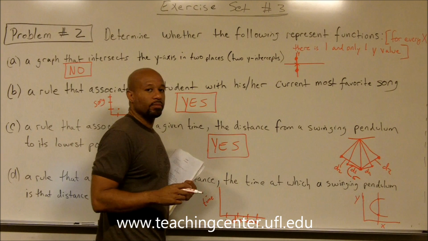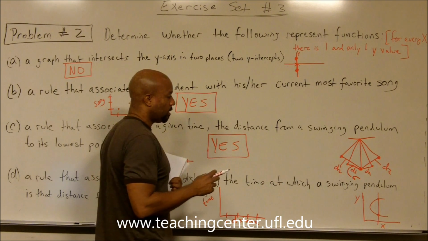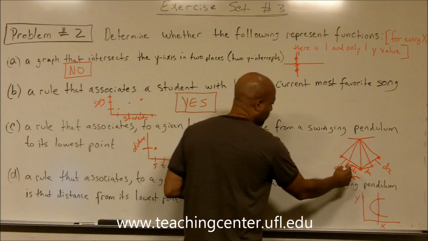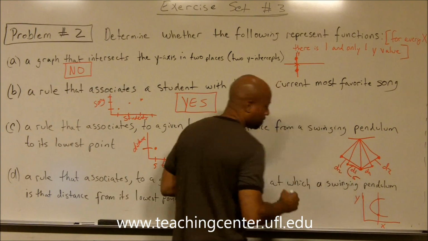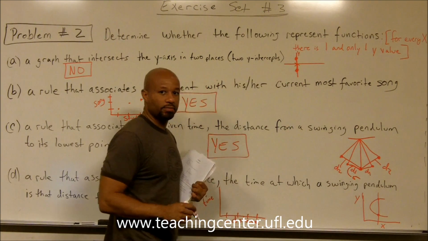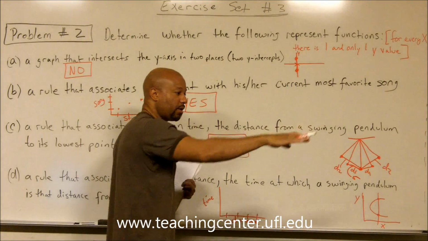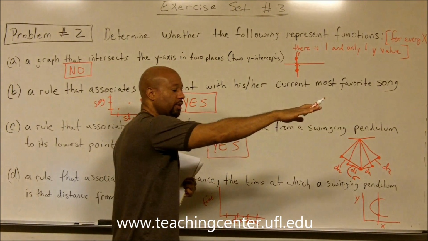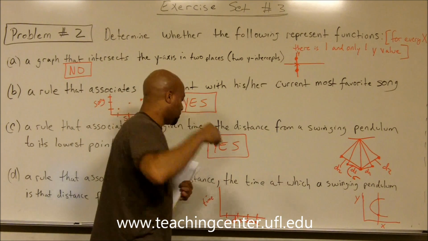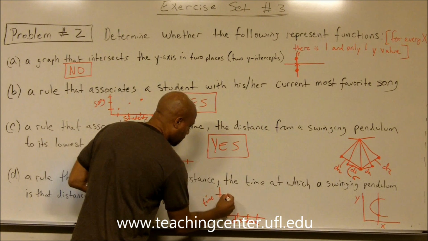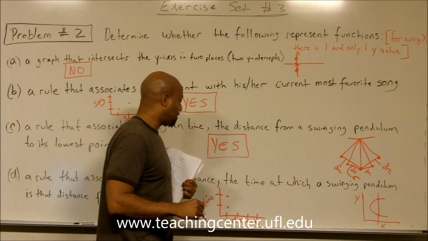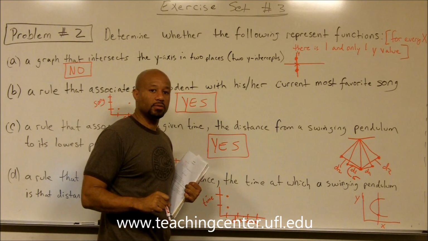What time is going to be associated with that distance 5? Well, it's going to be associated at one particular time, and it's also going to be associated at another particular time. So your pendulum is swinging back and forth. At one time it's going to be d1, and at another time it's going to swing back to also be d1. So actually we're going to have 2 times that are associated to that distance.